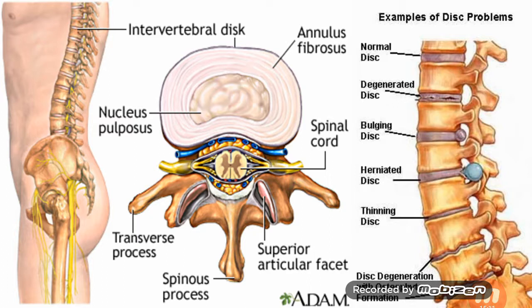In the herniated disc, you can see the blue balloon, which shows the protrusion of the nucleus pulposus. In the fourth disc, you can see it has been thinned out, means its thickness has been affected. In the next, disc degeneration with osteophyte formation has been shown.